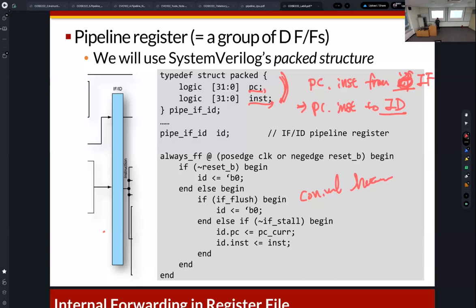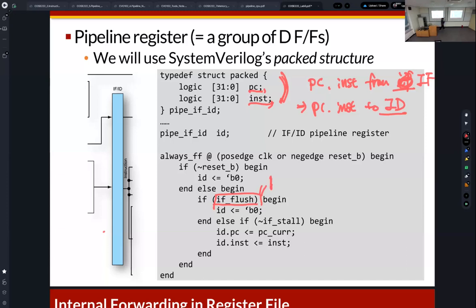Then we need to cancel, which means we need to flush this incorrectly fetched instruction, right? So this flush signal is activated when the branch is taken, right? So if this is activated, it means it works, right?